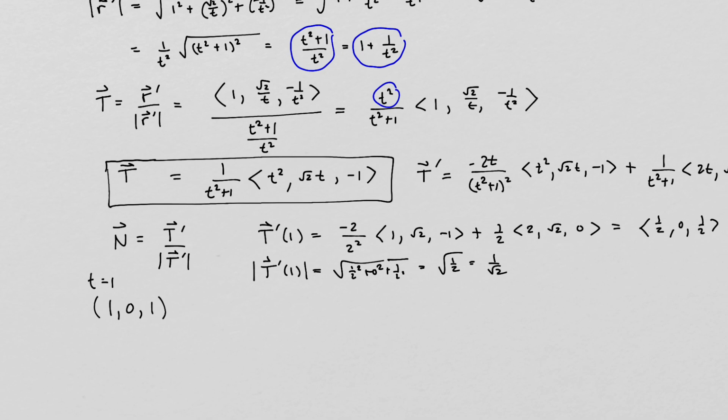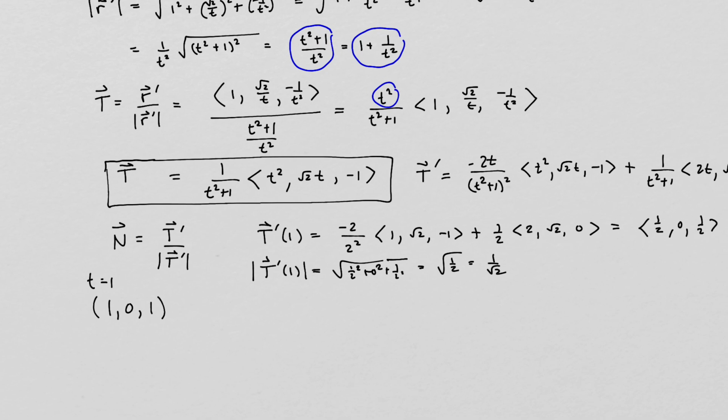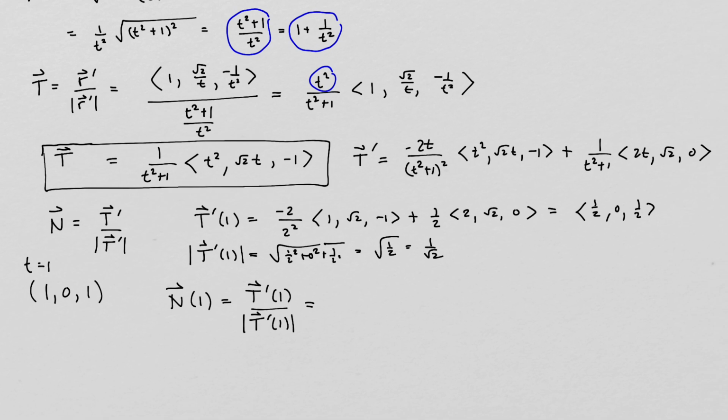And so now we can go ahead and give the normal vector here, the normal vector at 1 is going to be T prime at 1 divided by the length of T prime at 1. And so that is going to be the vector 1/2, 0, 1/2 divided by 1 over radical 2. And if you invert and multiply here, we should end up with radical 2 over 2, 0, and radical 2 over 2.